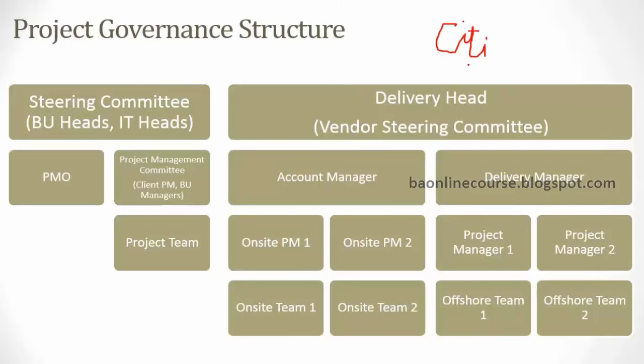A fairly large customer like Citibank would have hundreds of projects running with vendors. Accenture alone would have at least 100 projects running at that moment. Obviously, they need to bring in a structure so that they can oversee whether all those 100 projects are working correctly or not.